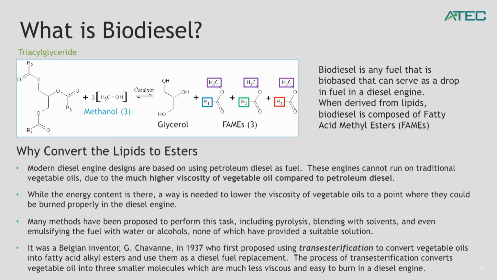But in 1937, a Belgian chemist, Chavanne, came up with a way of transesterifying these with methanol to create a class of molecules called fatty acid methyl esters. And so what we've taken, if you look at the inset box, is the large TAG molecule where we've used R1, R2, R3 just as the abbreviations for those long chains.